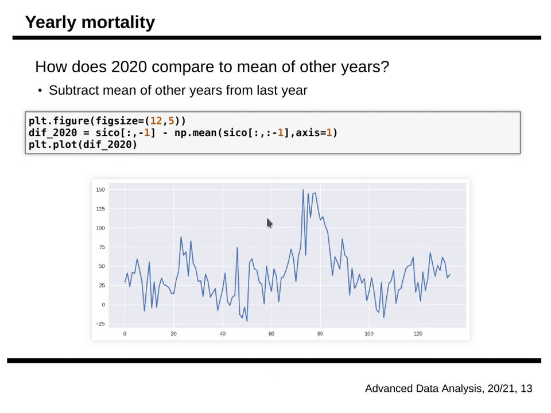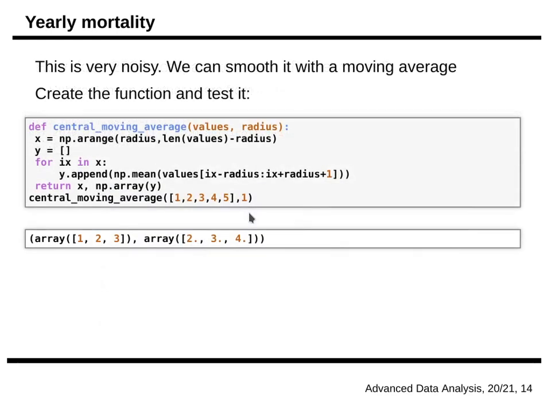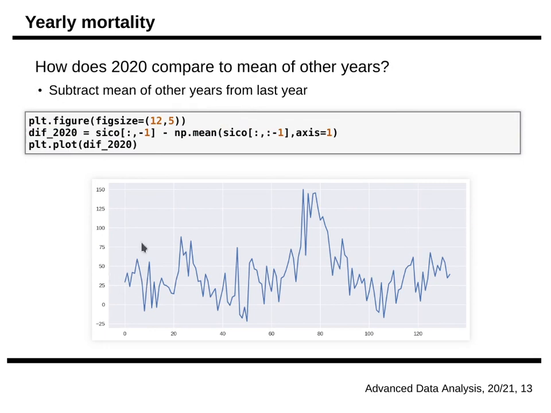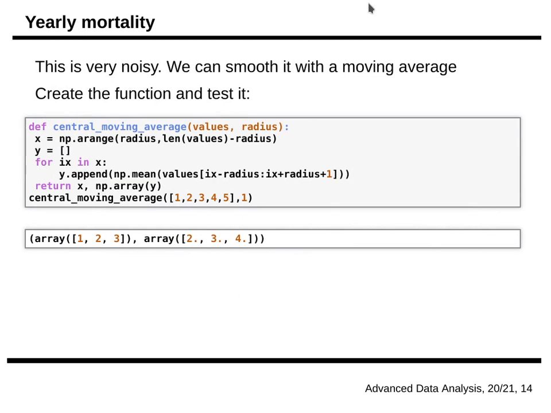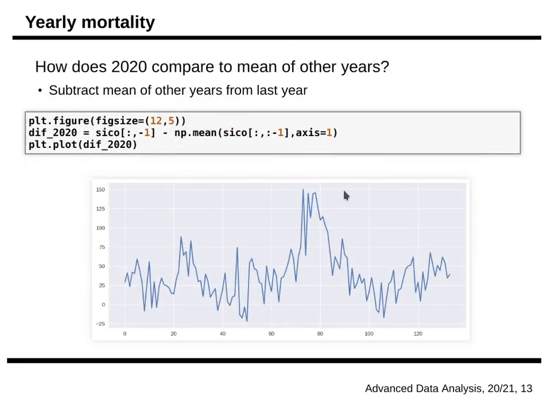So this shows us excess mortality, but we can see that since these are daily values, they vary a lot from one day to the next, and we can try to smooth things out a bit. For that, we can do a moving average. In this case, this is a central moving average, because for each point it averages the values around it.